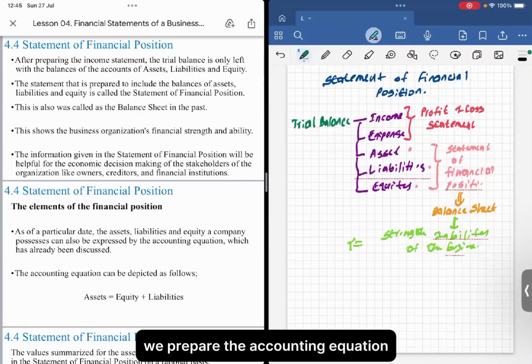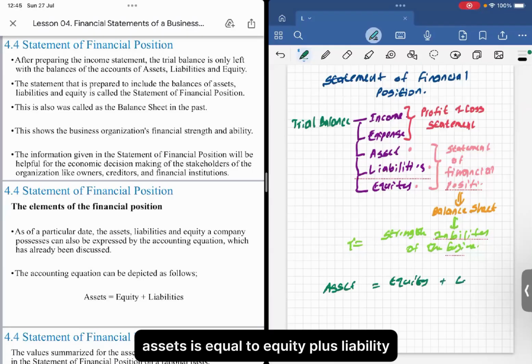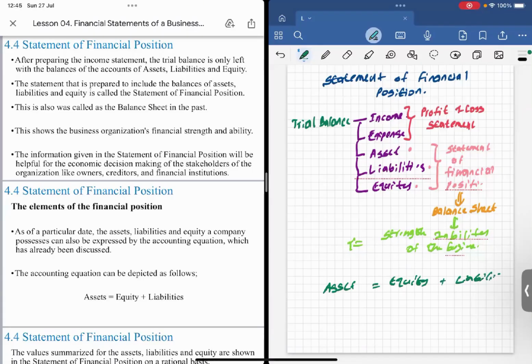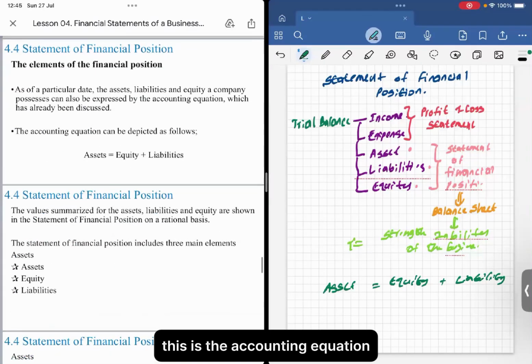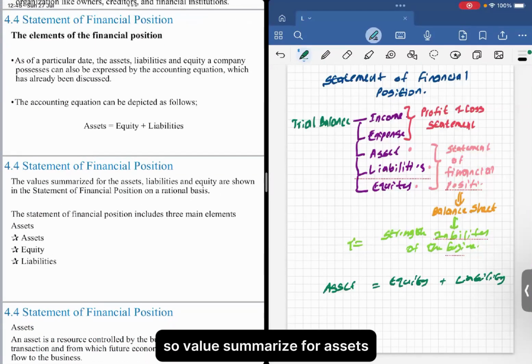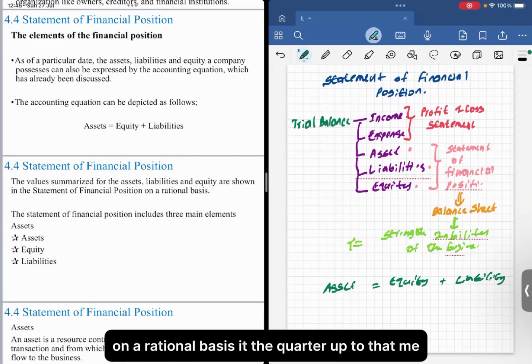We prepare the accounting equation: assets equal equity plus liability. It is as simple as that. This is the accounting equation. So values summarized for assets, liabilities, and equity are shown in the statement of financial position on a rational basis.